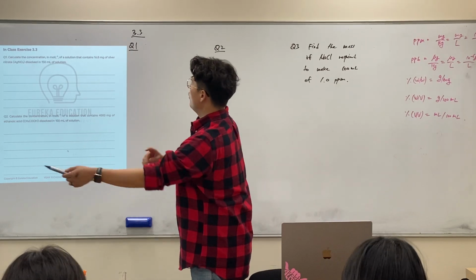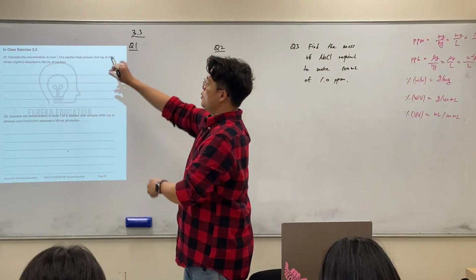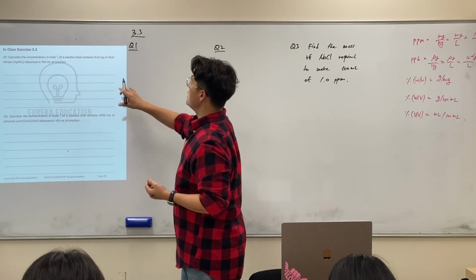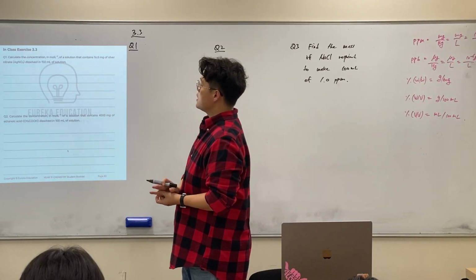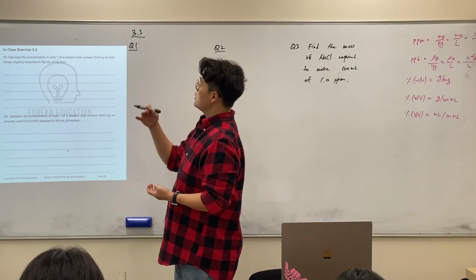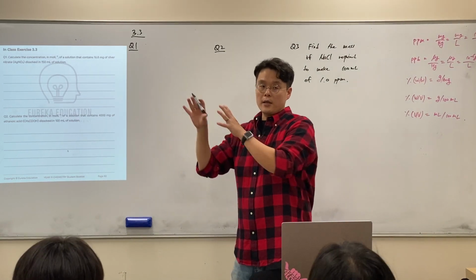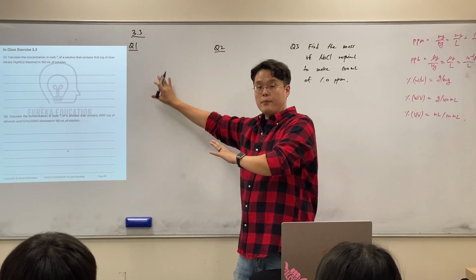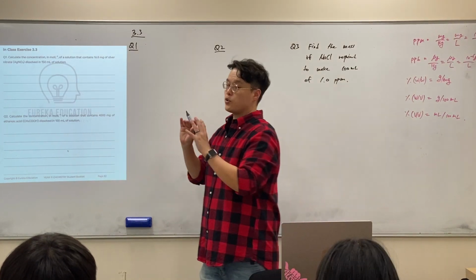Let's go to question 1. Calculate the concentration in mole per liter of the solution that contains 16.8 milligrams of silver nitrate dissolved in 150 mL of solution. So I want you to follow my working as I write on the board here, because you need to write every single point.